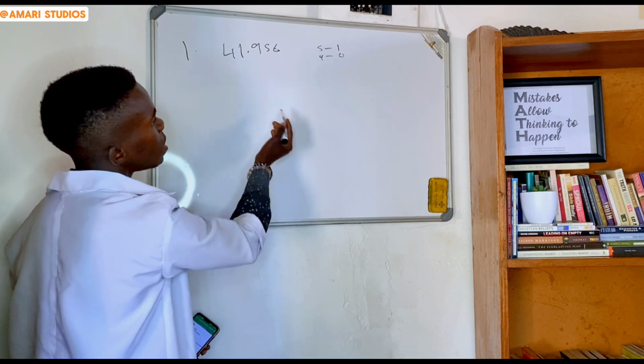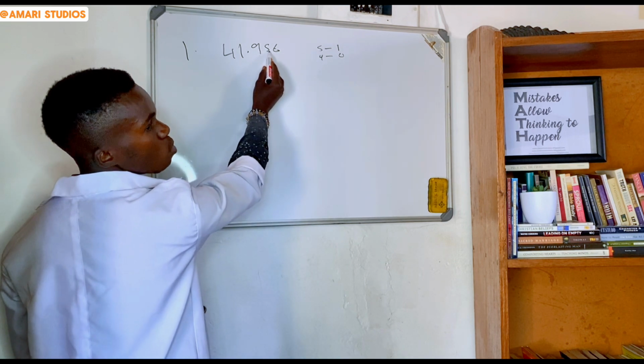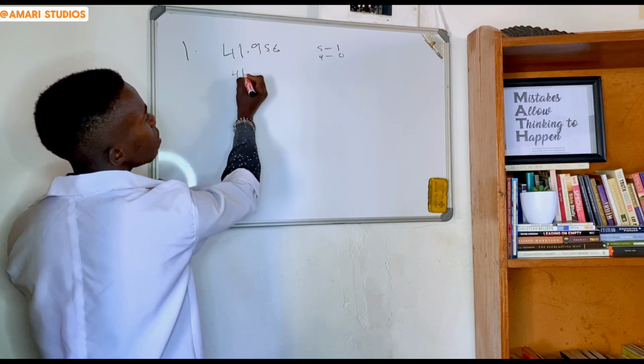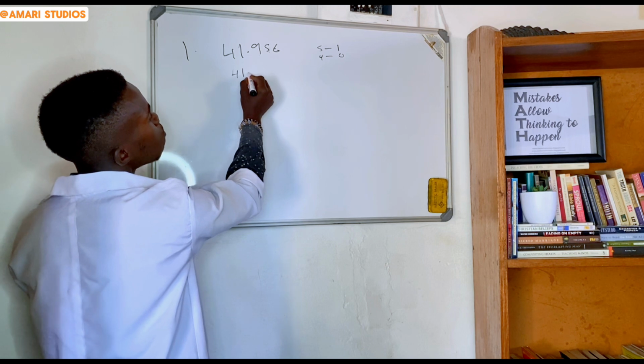Since they've said 2 decimal places, we'll count 2 numbers after the point, 1, 2, and then we write 41 just like that as a whole number. Then we say point.